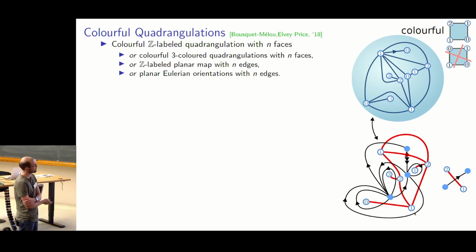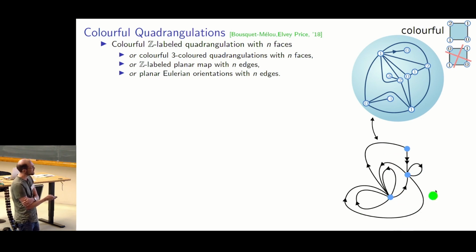Okay? And what you get is, again, a general planar map, but together with an orientation. And the orientation is such that you have an equal number of outgoing and ingoing edges. So this is really a planar Eulerian orientation.